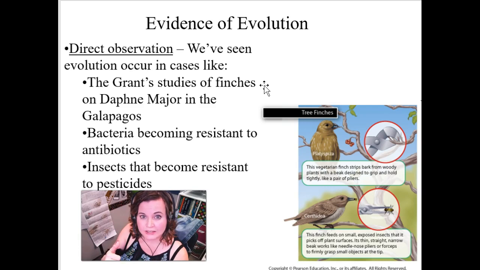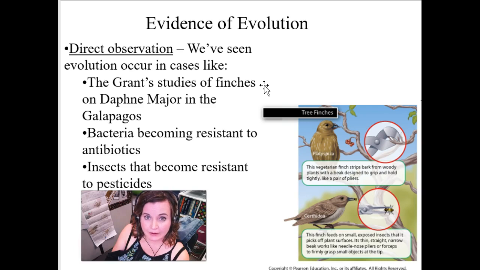And the number of finches that had beaks that were more likely to eat nectar from flowers and things like that decreased. So it was a notable change in the allele frequency, or the phenotypic frequency in that population. So we saw a definite change in the type of beaks present because of an environmental pressure.